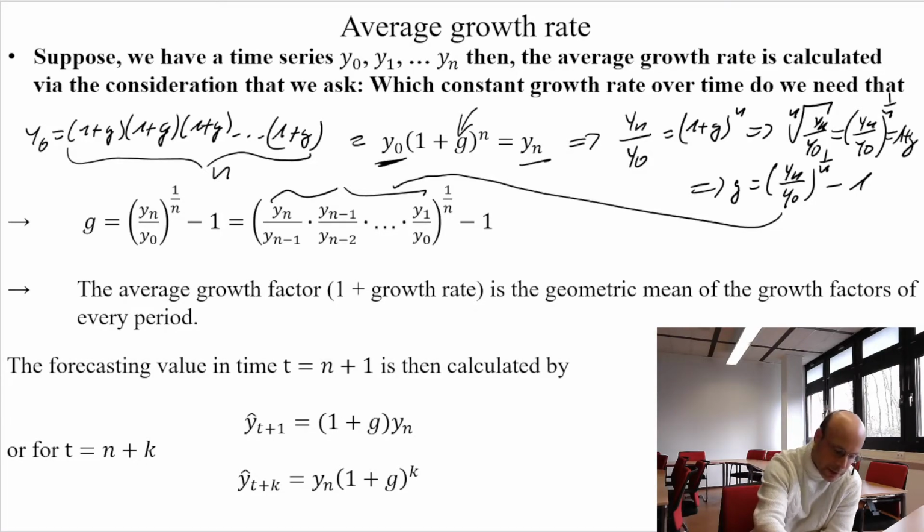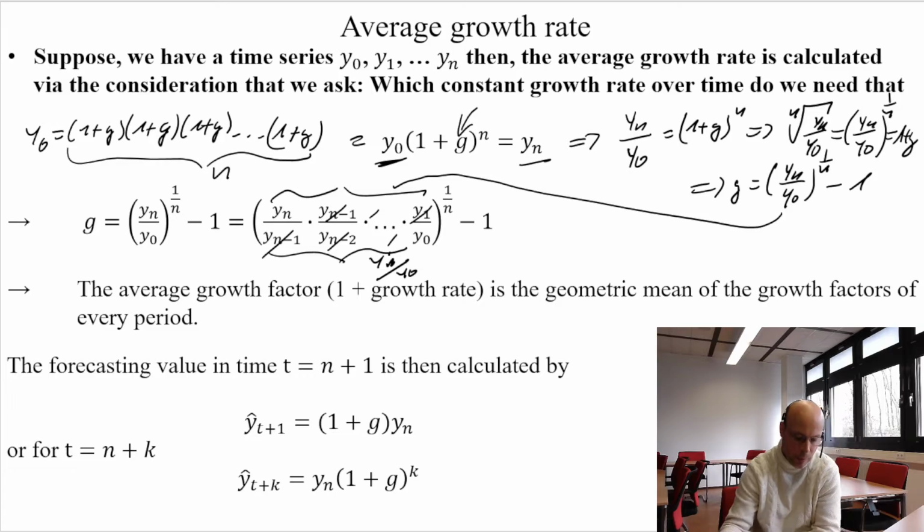And then of course we see here that all these cancel out, and we end up with yn over y0. This means that we have to calculate the geometric mean of our growth factors.